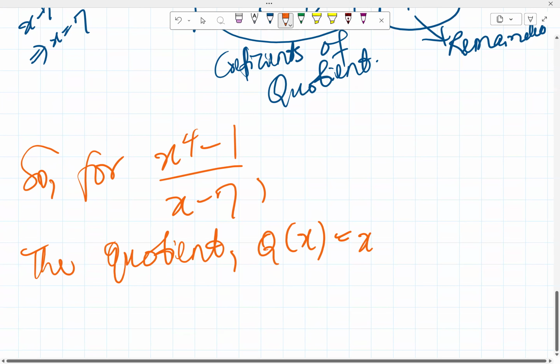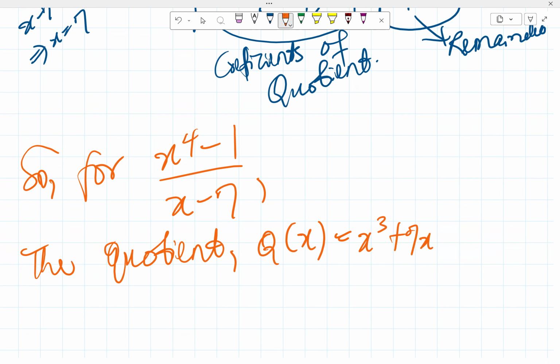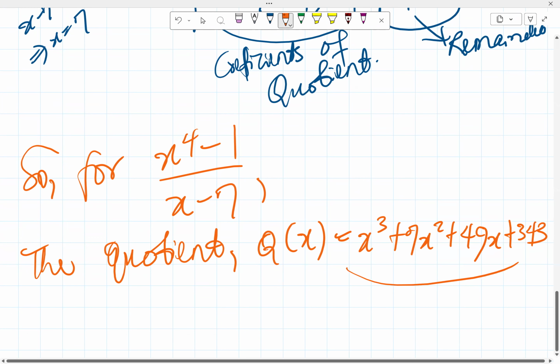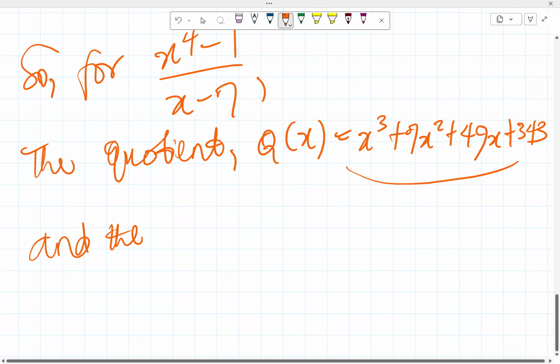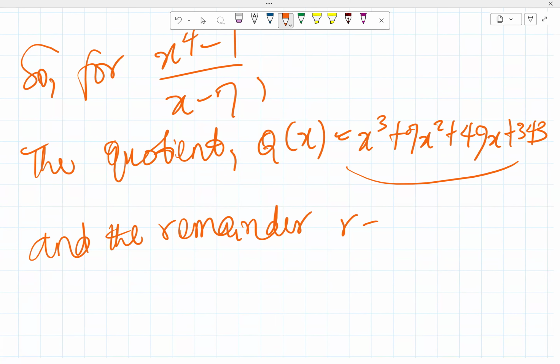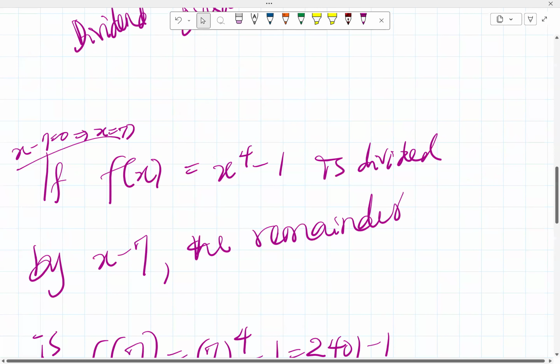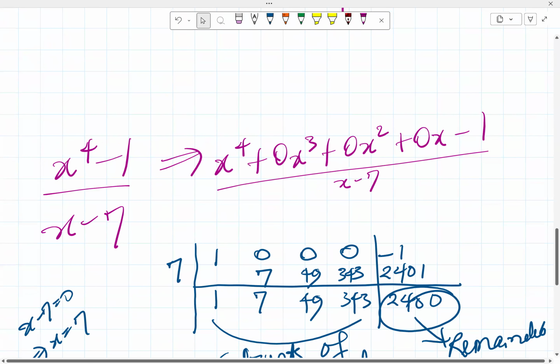So that's x cubed plus 7x squared plus 49x plus 343. So this is the quotient now. Then the remainder R is equal to 2,400.